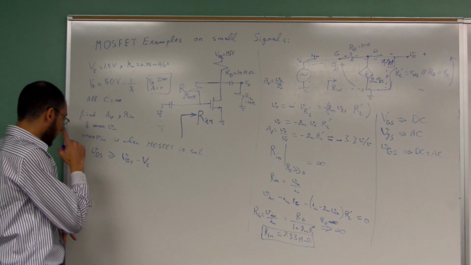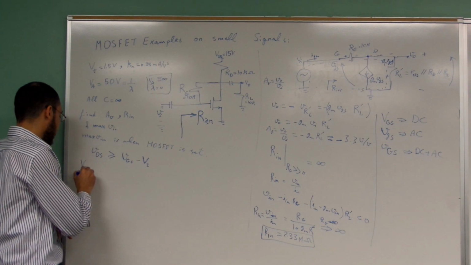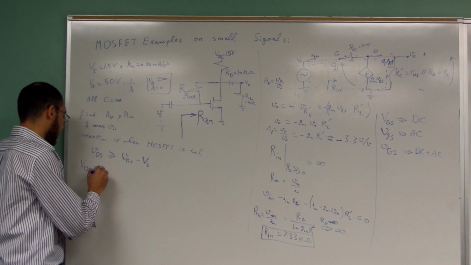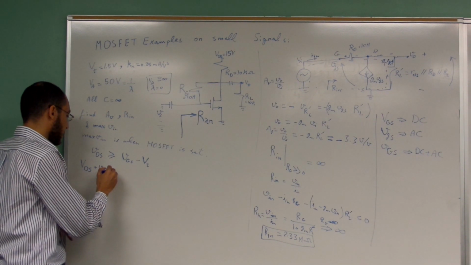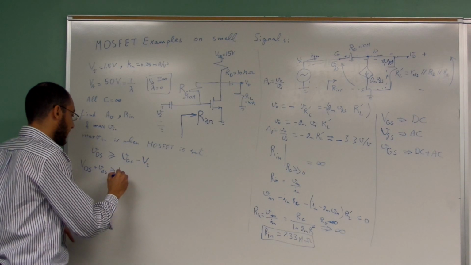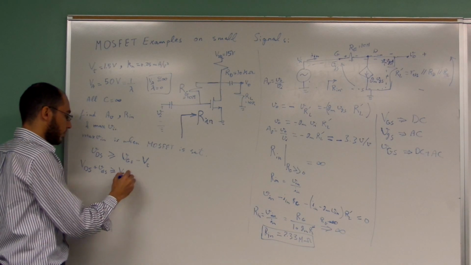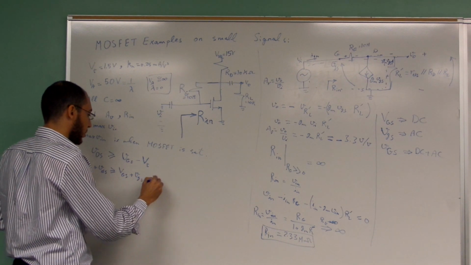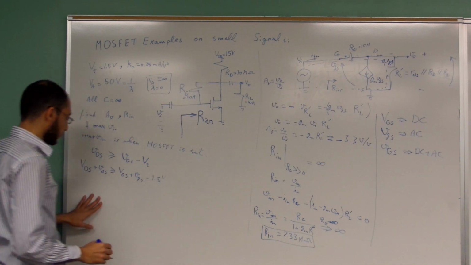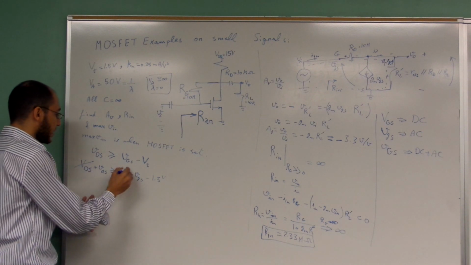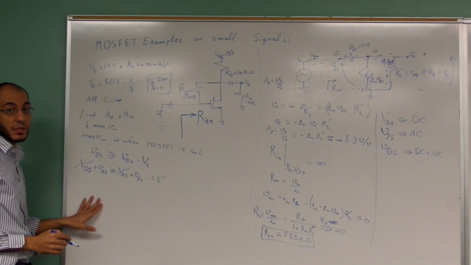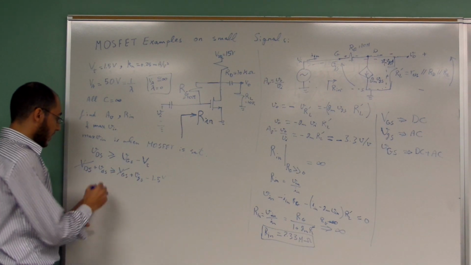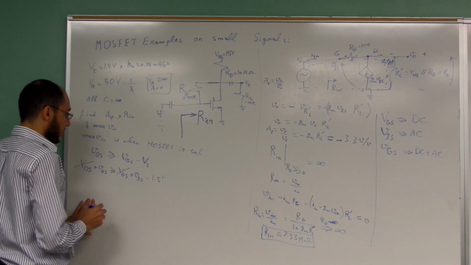Okay? What is the value of VDS? That is VDS plus vds has to be greater than or equal to VGS plus vgs minus 1.5 volts. Of course, in the DC, this VGS equals that VDS.